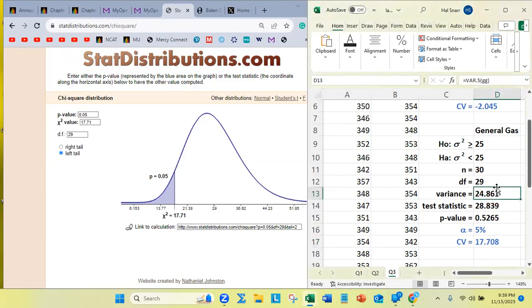If our test statistic is under the blue area, then the difference between this and that would be significant. The ratio would be significant. The difference would be significant. But that's not the case because the test statistic is 28.839. It's about equal to the degrees of freedom.